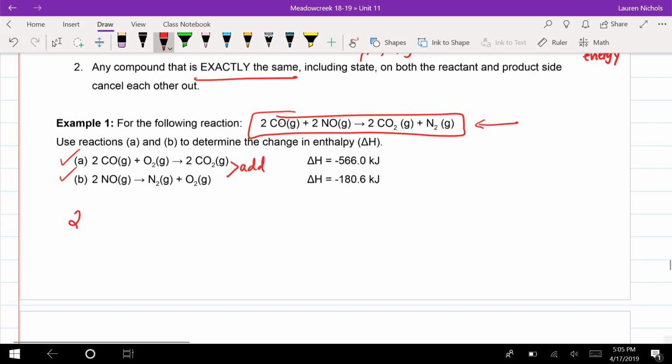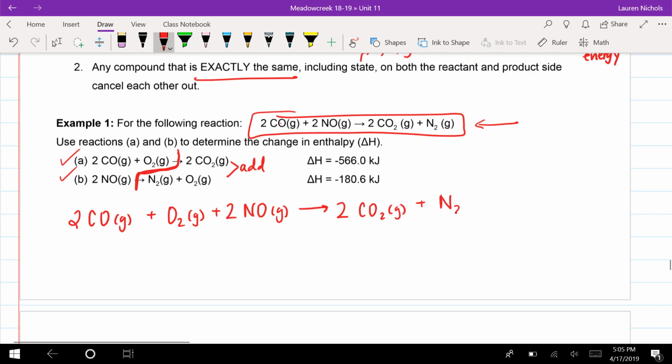Everything on the left side of the arrow gets added together: 2 carbon monoxide gas molecules plus 1 mole of oxygen molecules plus 2 nitrogen monoxide molecules are on the left side. Then on the right side, you've got 2 carbon dioxide gas molecules plus 1 nitrogen gas molecule plus 1 oxygen gas molecule.